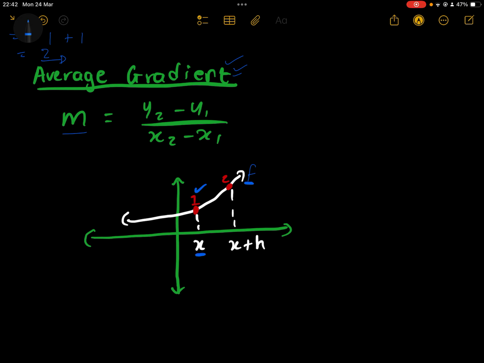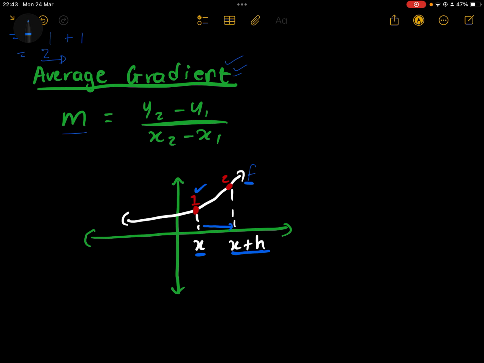So we have x, and then we're gonna have x plus h. Why did I say x plus h? Because now we have shifted the position of 1. We went this way, so we said plus h. We don't know how many units, but we know that we're gonna be saying x plus h.